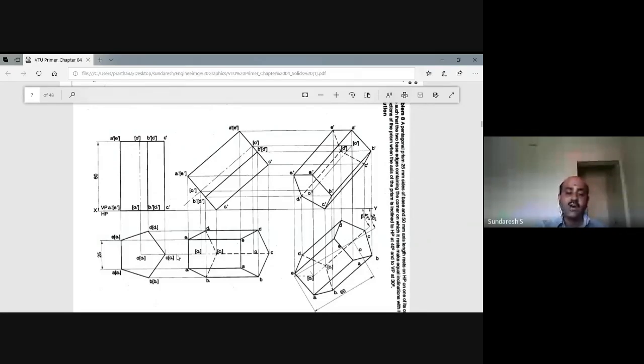C1 is the resting corner. Now this is the top view where the base cannot be seen, so A1, B1, C1, D1, and E1 have been represented in parentheses. So this is the top view of a pentagonal prism resting on one of its base corners on HP.